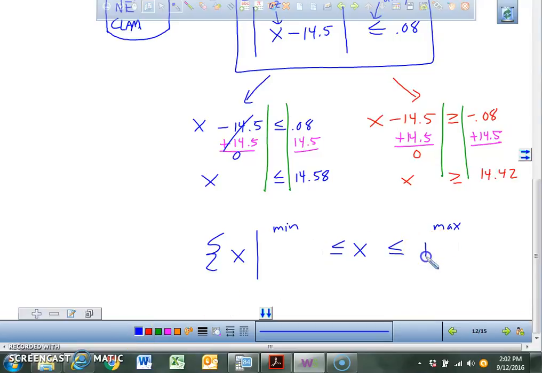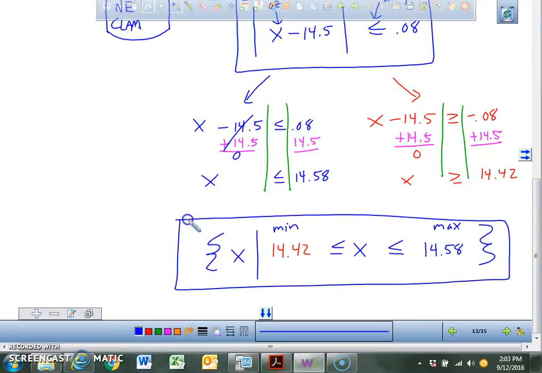And the maximum is 14.58, and the minimum is 14.42. And all you have to do is put the cool little bracket right there to finish your set builder notation. And now you have the inequality up here and the answer in set builder notation down here.